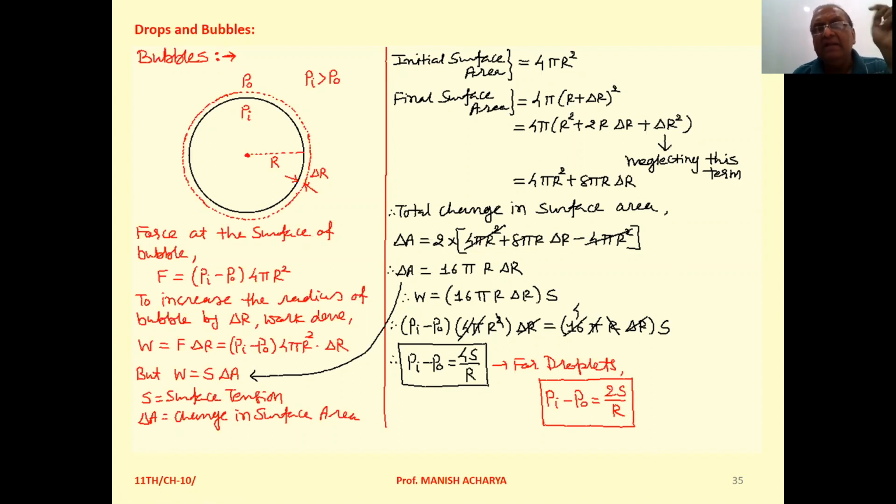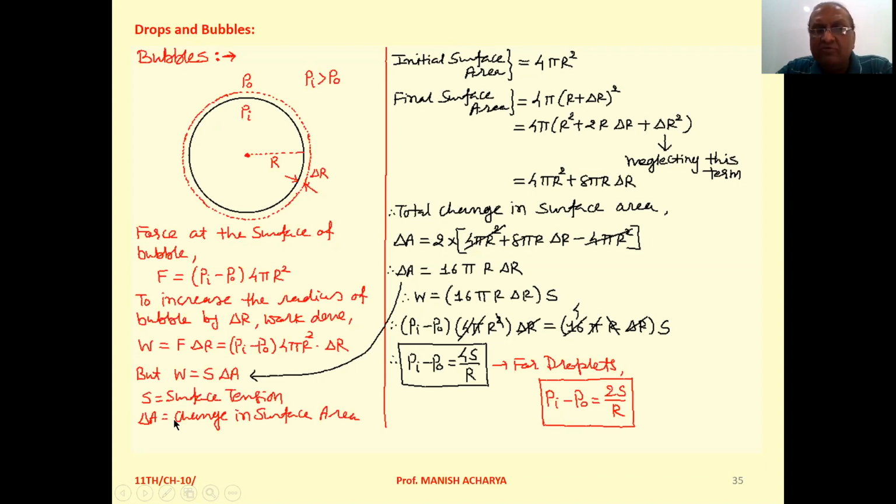Now, the energy stored per unit area is the surface tension. So S is the energy stored per unit area. So the energy stored in area delta A is S into delta A, and that is our work done. So we can calculate the work done by another equation, W equal to S into delta A also.